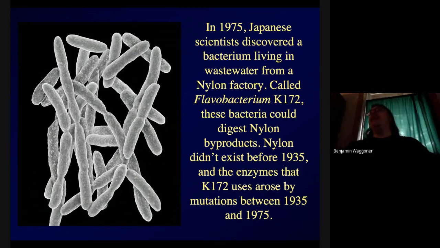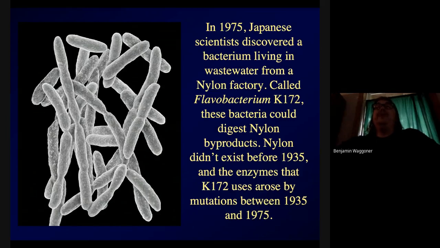Think of natural selection, right? If you're a bunch of bacteria in a pond, you may be competing for food sources. But if you can use some chemical that nobody else can, then you have it all to yourself, and you can make use of that resource and make lots more bacteria that are just like you.